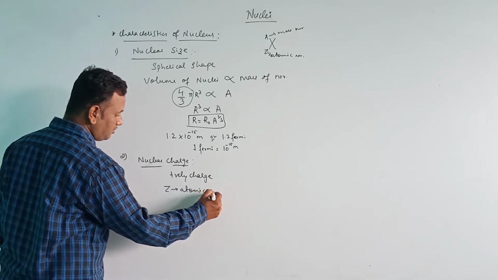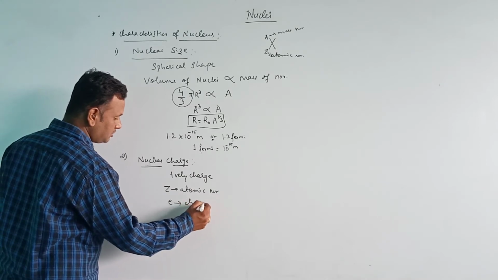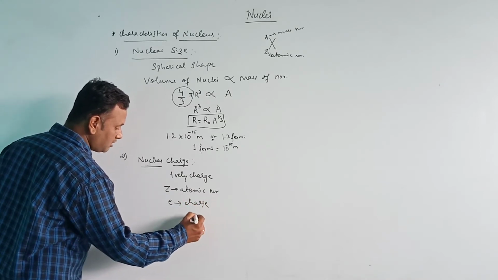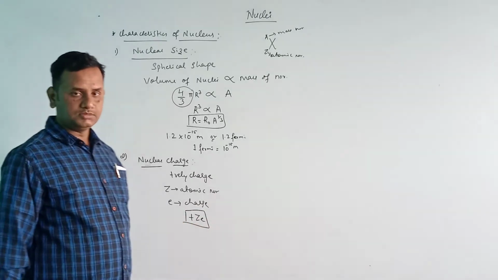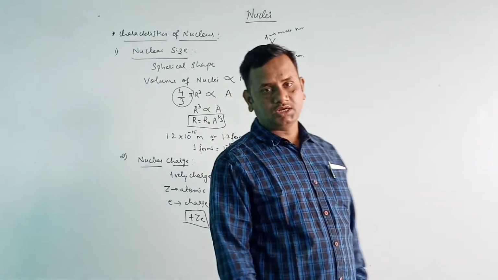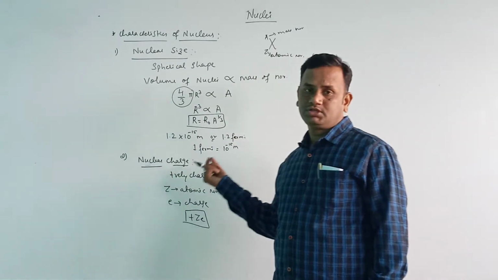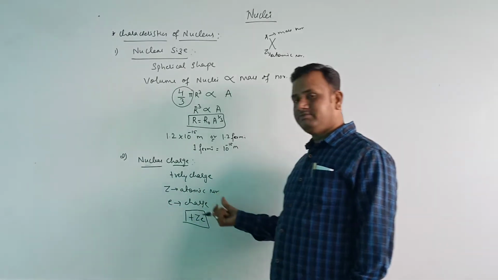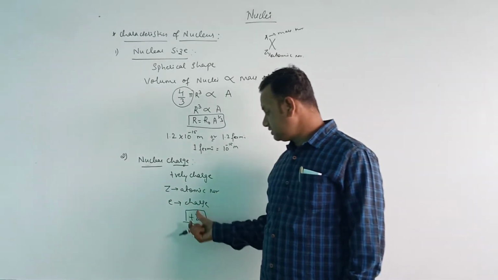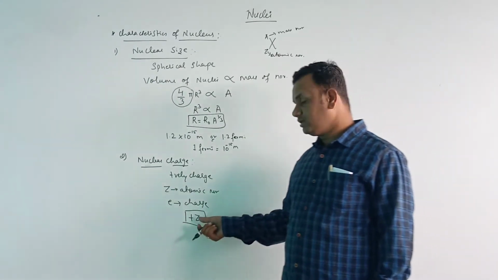If Z is the atomic number and e is the charge, then the charge of the nucleus is given by plus Ze, where Z is the atomic number.